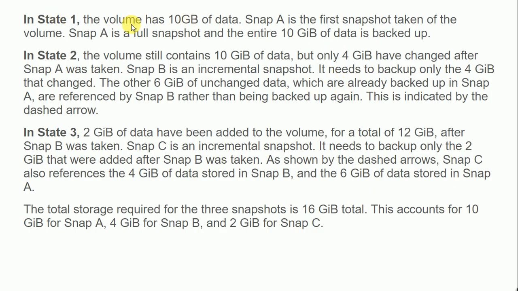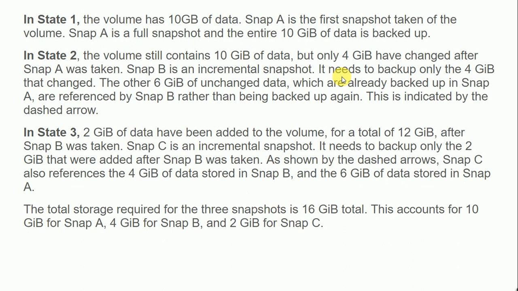In state 1, the volume has 10 GB of data. Snap A is the first snapshot taken. It is a full snapshot and the entire 10 GB of data has been backed up. In state 2, the volume contains 10 GB, but only 4 GB has changed after snap A was taken. Snap B is an incremental snapshot and it only needs to back up the 4 GB change.